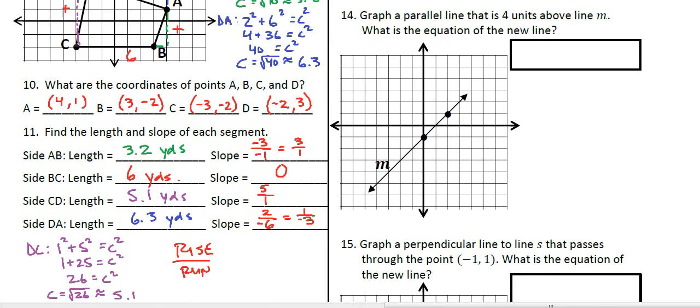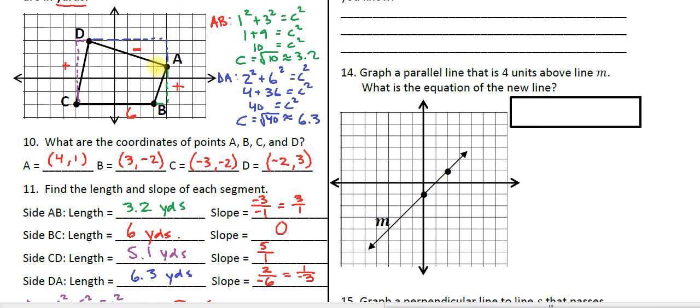Let's take a look at AB and DA. Sure enough, that sure looks like a right angle. We've now proved it's a right angle.